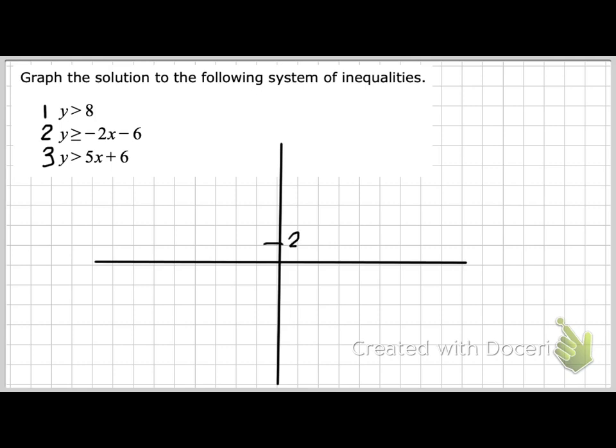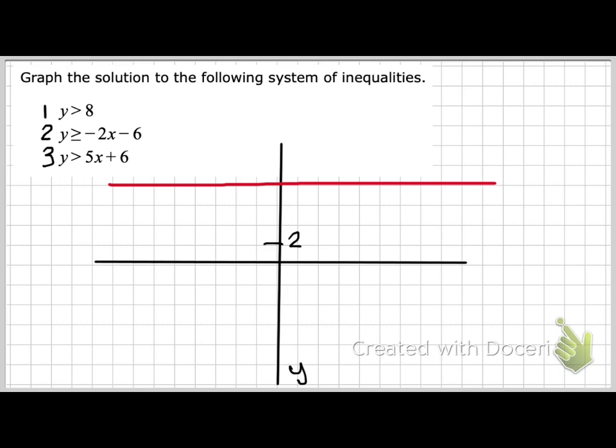If I'm going to say that my y scale is 2, there's my y-axis. And if I go up to 8 on the y-axis, let's go ahead and use a different color. So I'll go up to 8 on the y-axis.